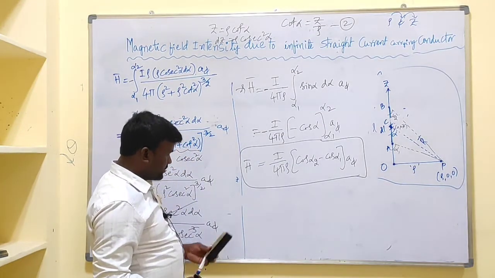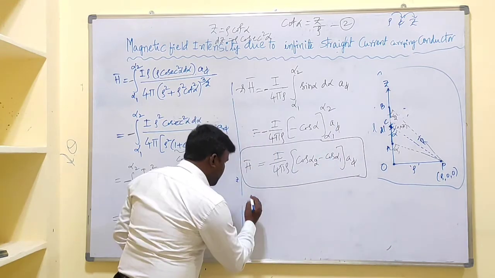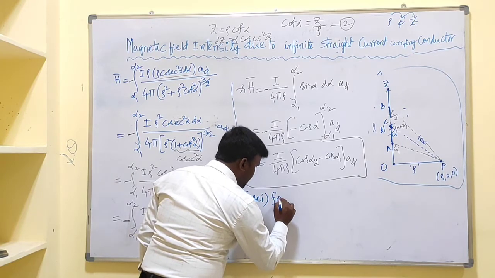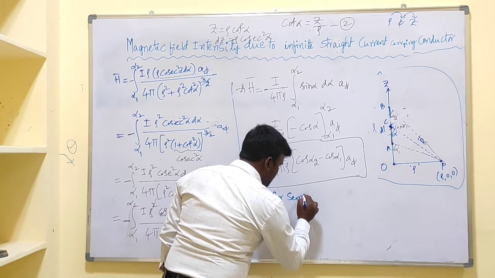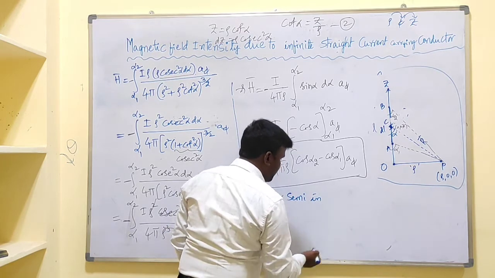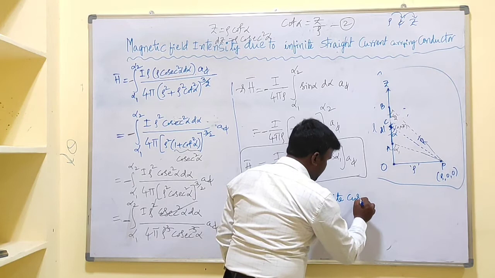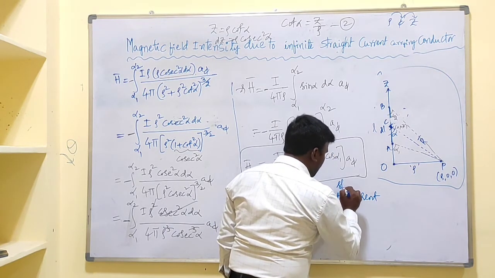Now let us go for special cases. Case 1: for a semi-infinite straight current carrying conductor.